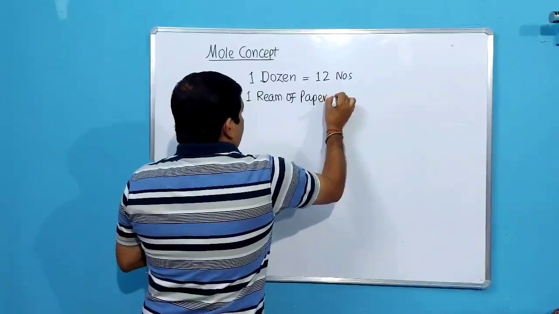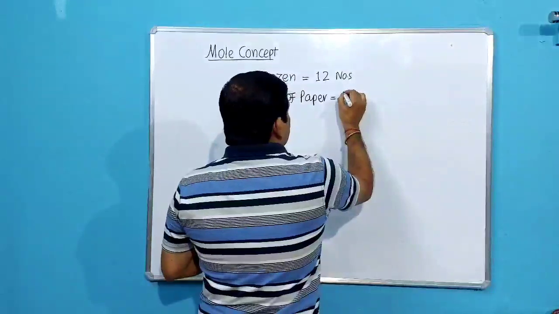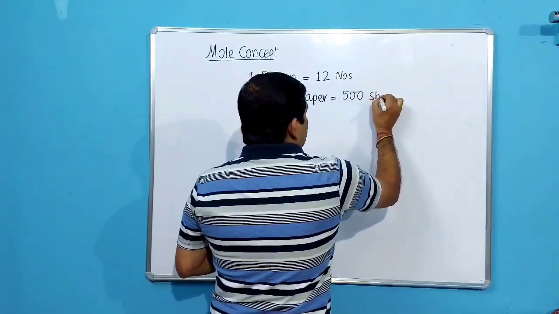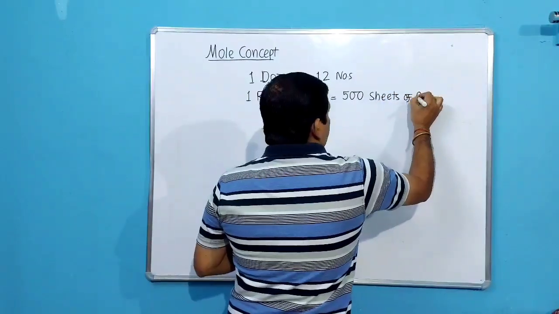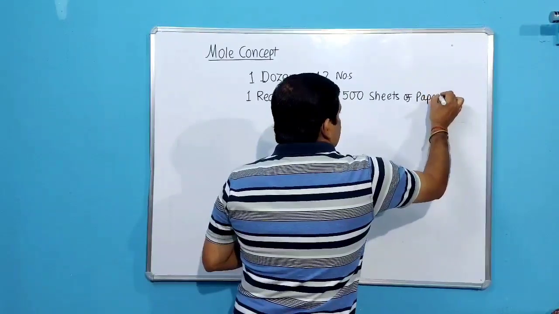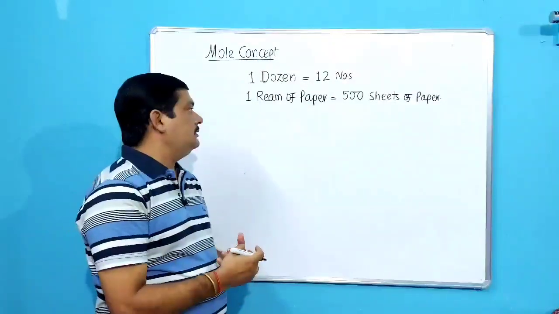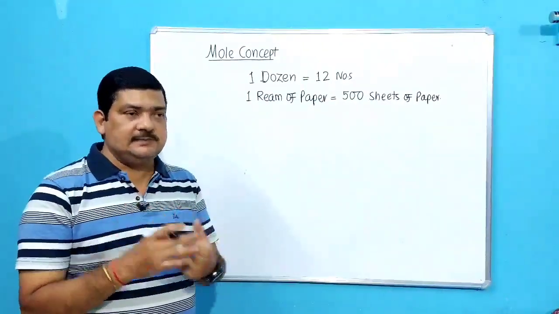So when you go to purchase paper, the paper rim. Rim means earlier it was 480 sheets. Now it has been re-defined as 500 sheets of paper. Because paper is a very thin substance, whenever we purchase it, we purchase it in a larger number, that is a rim of paper.